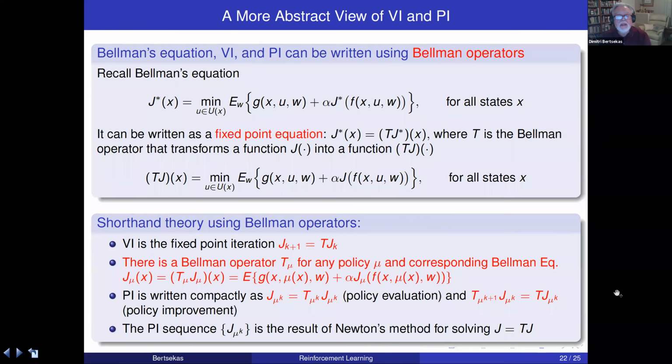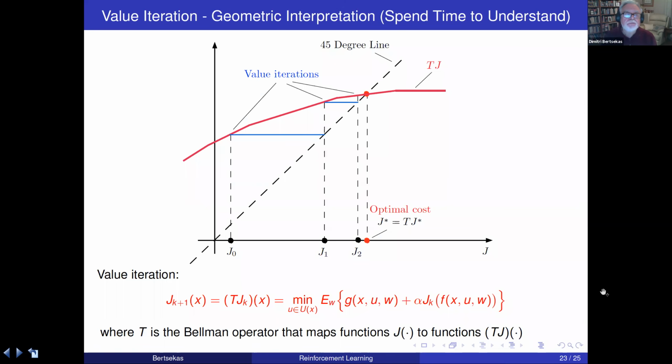Okay, any questions here that might be helpful to answer? Okay, so here is a value iteration, and notice, spend some time to try to understand it.